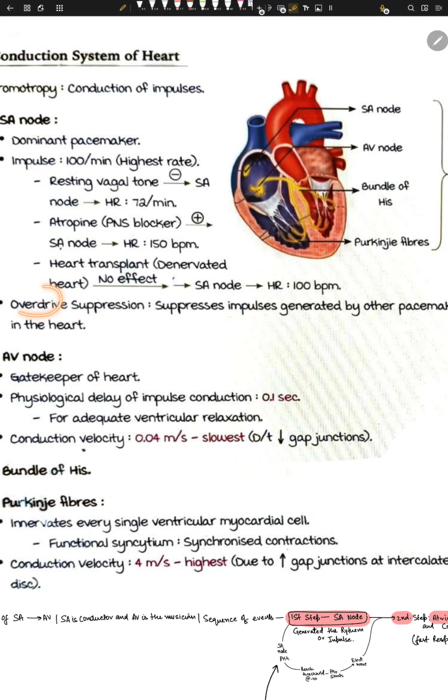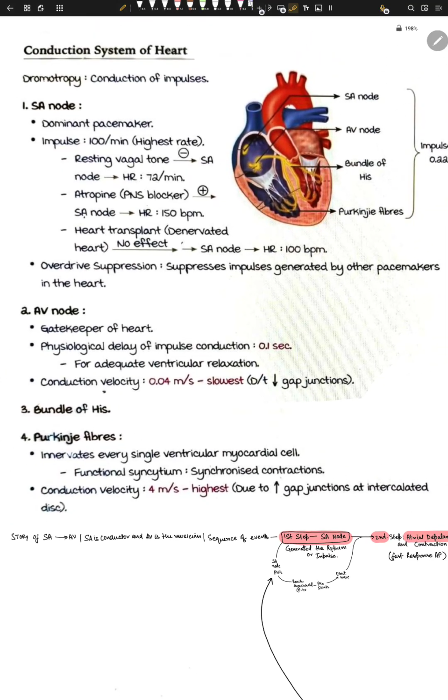So this is called overdrive suppression. Now, what is overdrive suppression? The key question we should ask here is: if other pacemakers like the AV node and Purkinje fibers can fire automatically, why don't they just take over the SA node? If they are automatic, why don't they take over? That's a good question.